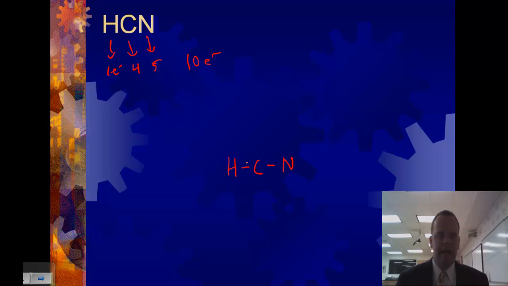Now in this case we're going to think about the number of bonds they'd like to form, because that's usually a helpful way to start. Carbon likes to form 4 bonds. Nitrogen likes to form 3 bonds. So if we could have 3 bonds here, that would give us 2, 4, 6, 8 of our 10, leaving us 2 for the nitrogen. 10 electrons, 8 around nitrogen, 8 around carbon, 2 around hydrogen. So here's a case of a triple bond.